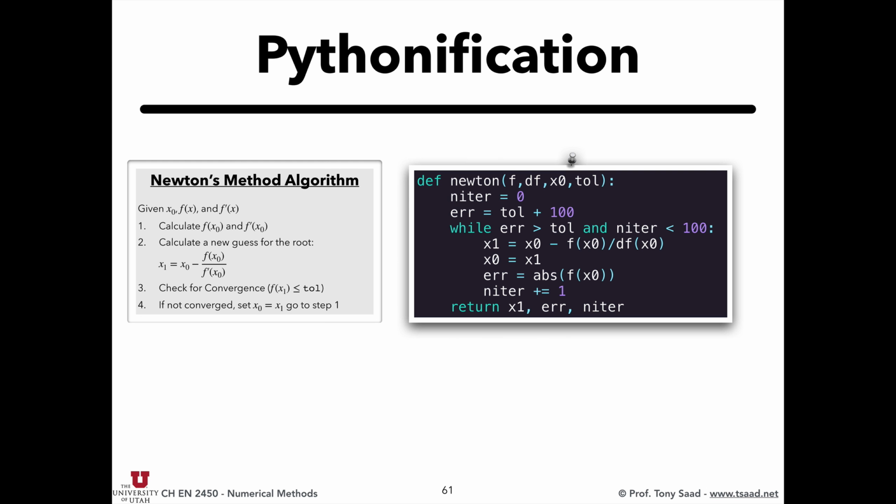And this is easily implemented in Python code, and I'm giving you here the code for Newton's method. The arguments for this routine called Newton: we need the function f, we need its derivative, we need an initial guess x0, and we need a tolerance. Now note, compared to the previous routines for the secant method and others, I also passed a max iteration. That's completely legitimate.